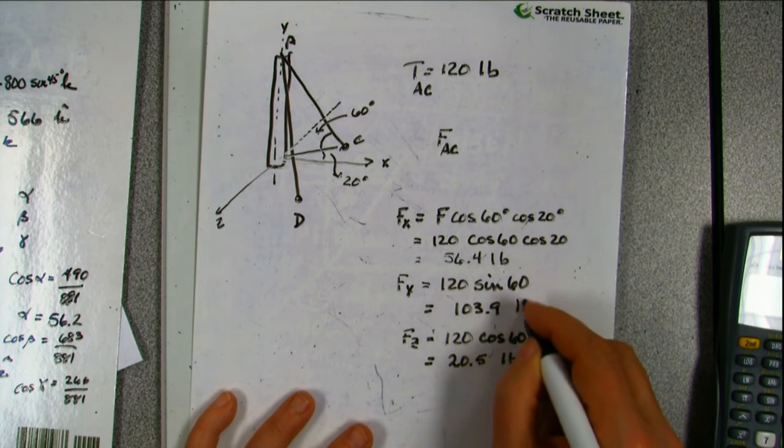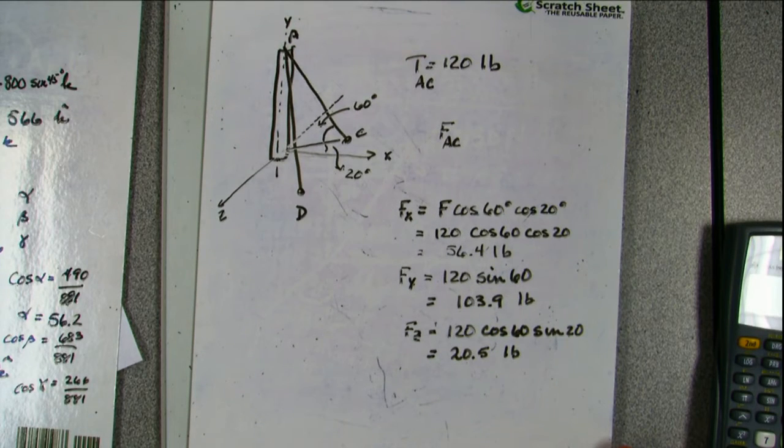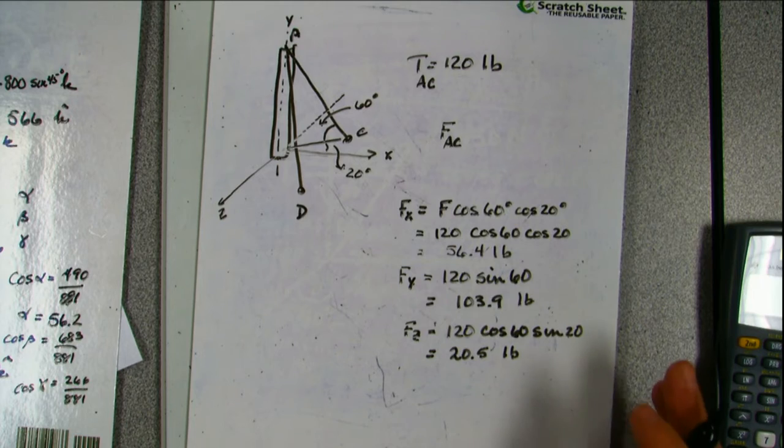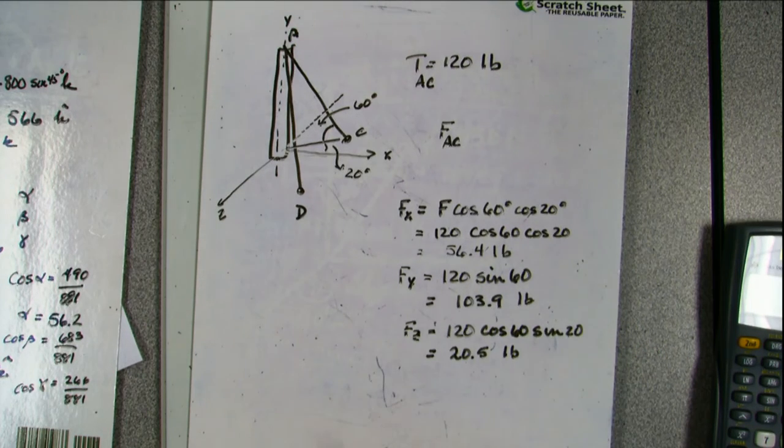Now, the questions are going to be interesting, okay? We know that the tension in the wire is 120 pounds.